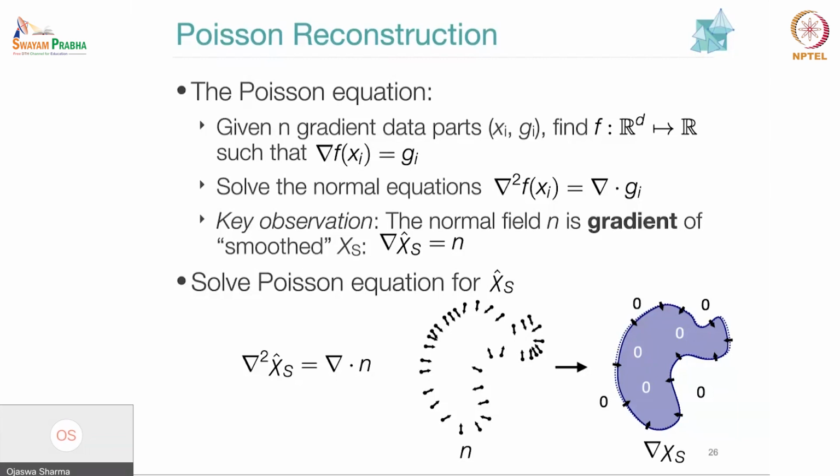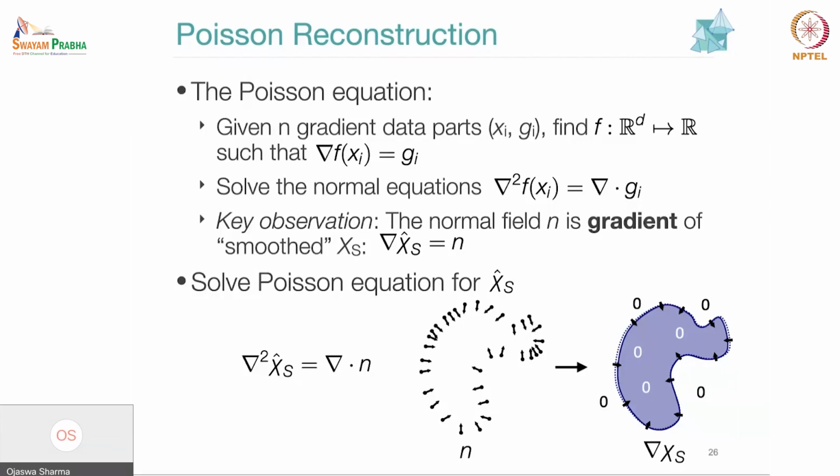But let's take a look at an observation: the normal field n, remember we are given the normals n or the gi values, is the gradient of the smoothed indicator function, right? So the indicator function has a discontinuity.